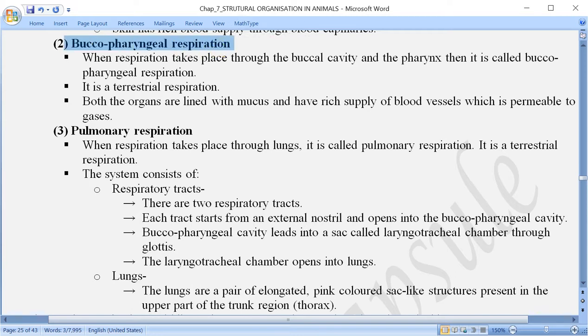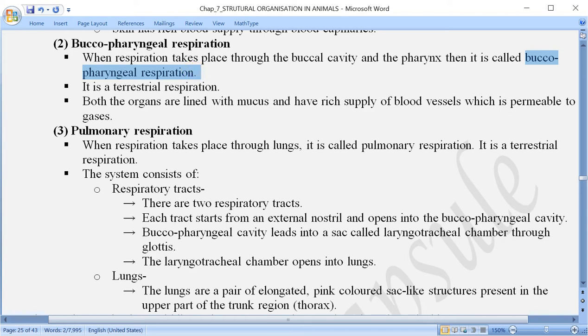In this, the respiration takes place through the buccal cavity and the pharynx. Here the buccal cavity and the pharynx are combined, and that structure is called the buccopharyngeal cavity. When the buccopharyngeal cavity is utilized for respiration or exchange of gases, it is called buccopharyngeal respiration.